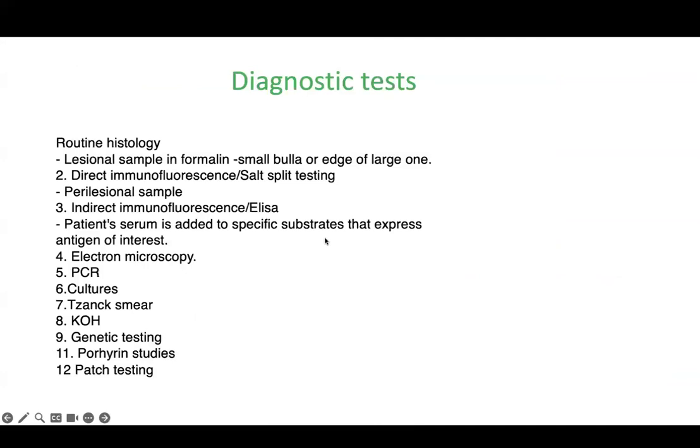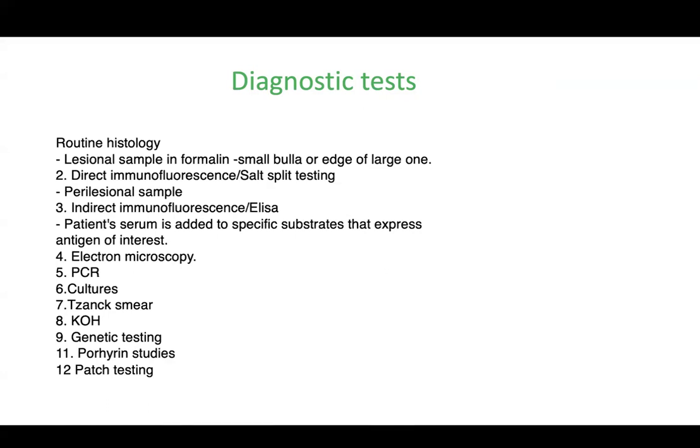So we need to do many diagnostic tests according to our highest clinical suspicion. We can do routine histology from the lesion. If it's a small vesicle, it's better to take it fully, or to take a part of it with a small part of normal skin to see the level of separation.